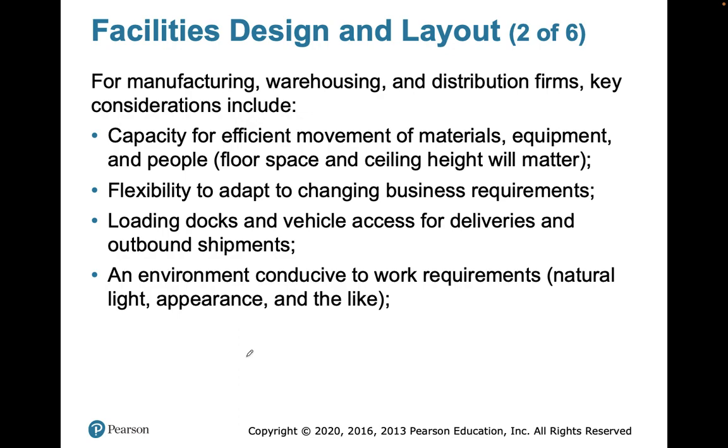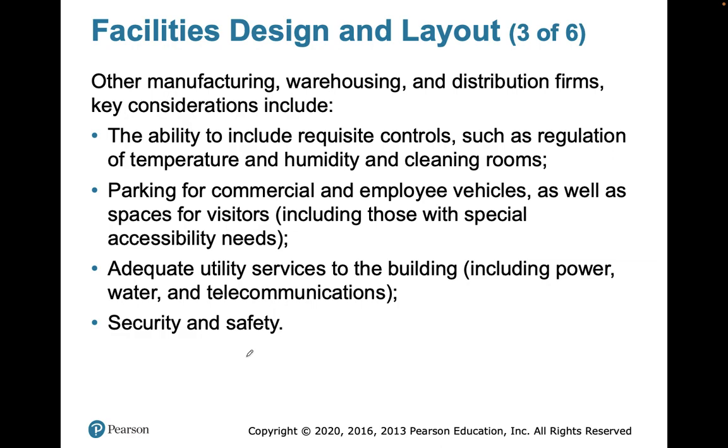For manufacturing, warehouse and distribution, for example, key considerations include capacity for efficient movement of materials, equipment, and people. Then you should also consider feasibility to adapt to changing business requirements, loading docks and vehicle access for delivery and outbound shipment, and an environment conducive to work requirements. All of this should be considered. Then the ability to include requisite controls such as regulation of temperature and humidity and clean rooms.